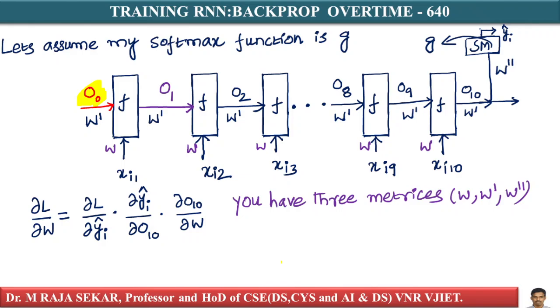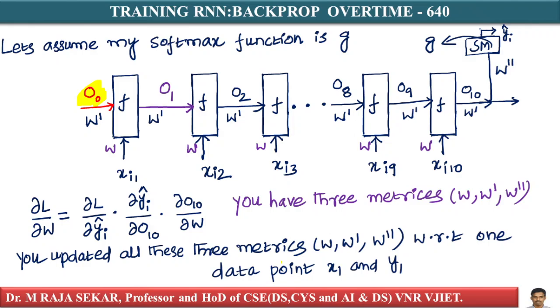You literally have three matrices, W, W dash, W double dash, in your memory. First you modify W, based on the derivative you get here, and then you modify the same thing again with respect to the next step, and so on and so forth. At the end of it, you will reach here. You update all these weights, W, W dash, W double dash, with respect to one data point x1 y1, isn't it? You are coming in reverse direction.